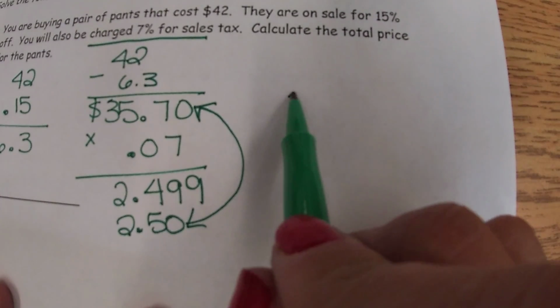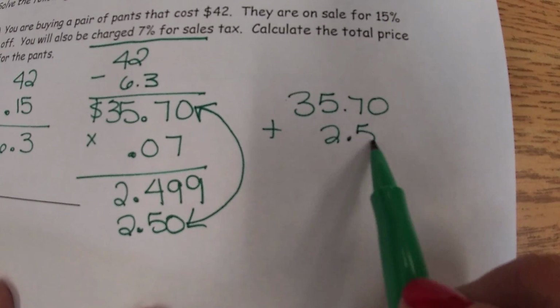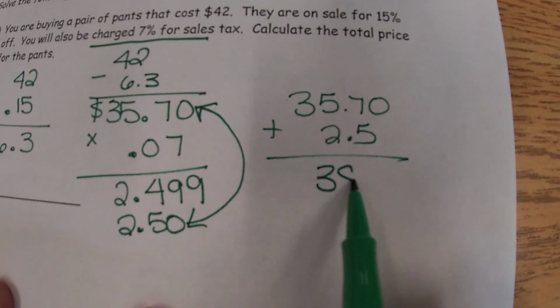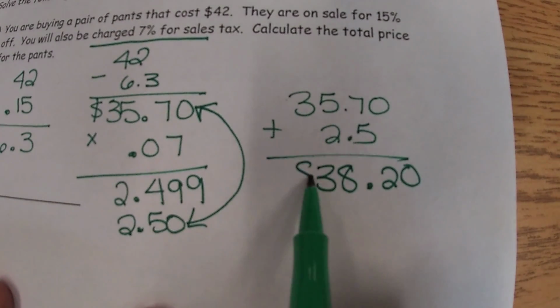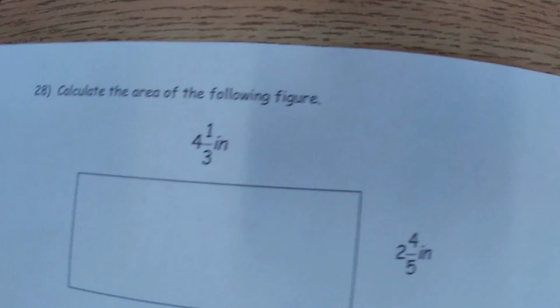So our final step is going to be to take that $35.70 and add to it the $2.50. Okay, so if we add our $35.70 plus our $2.50, we end up with the final answer of $38.20.